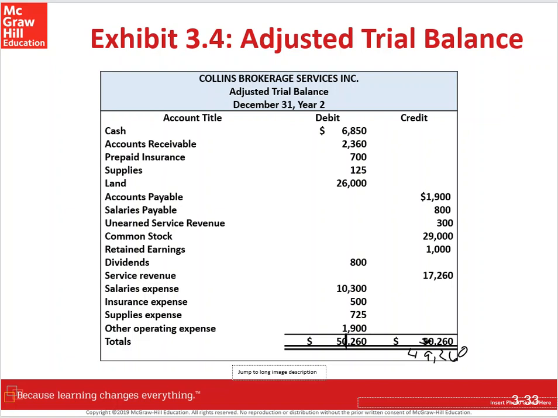So clearly you're out of balance, right? So we don't want to proceed with preparing our financial statements until we get this error corrected. So we've got 51,260 equals 49,260, which is clearly false. So a couple things that I would suggest. First, compute the difference. So what's the difference between 51,260 and 49,260?